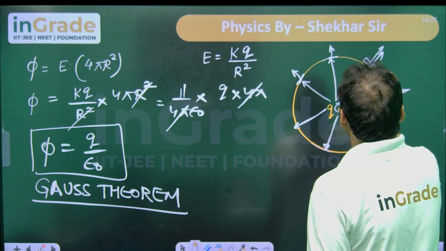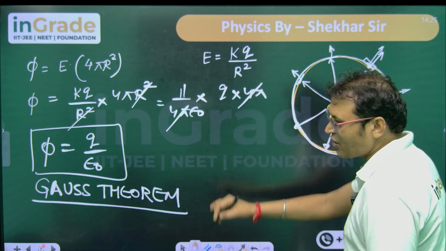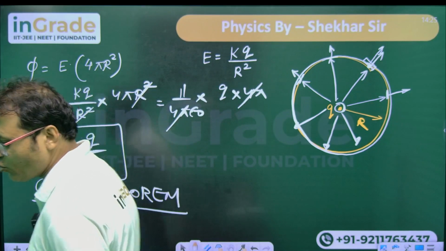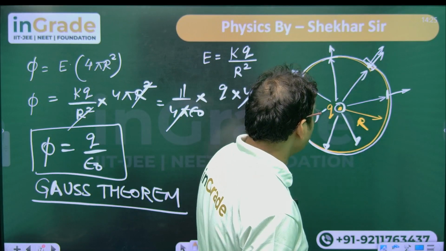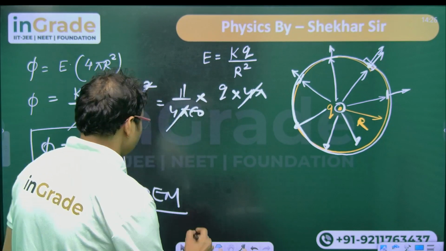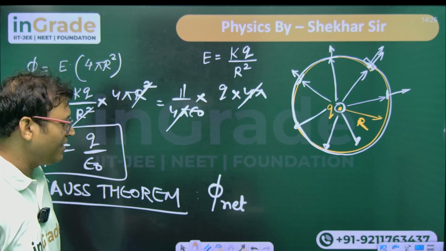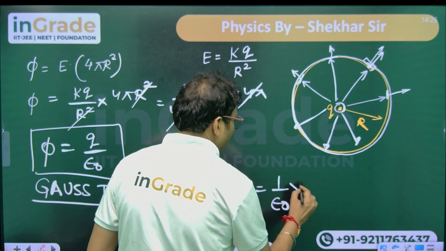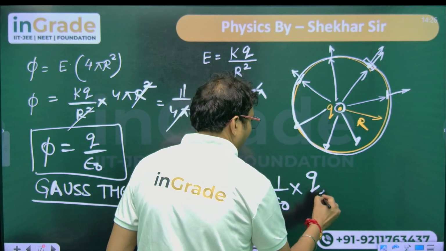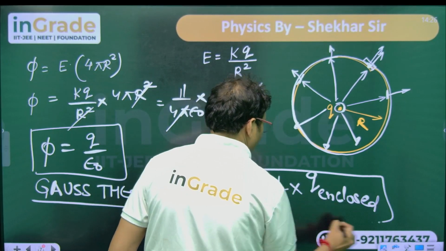Net electric flux through any imaginary closed surface, it can be any imaginary enclosed surface, is equal to 1 upon epsilon naught times the total charge enclosed by the closed surface.